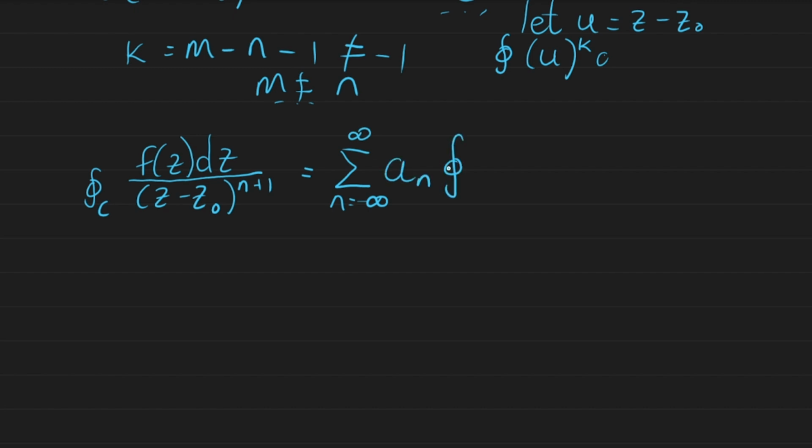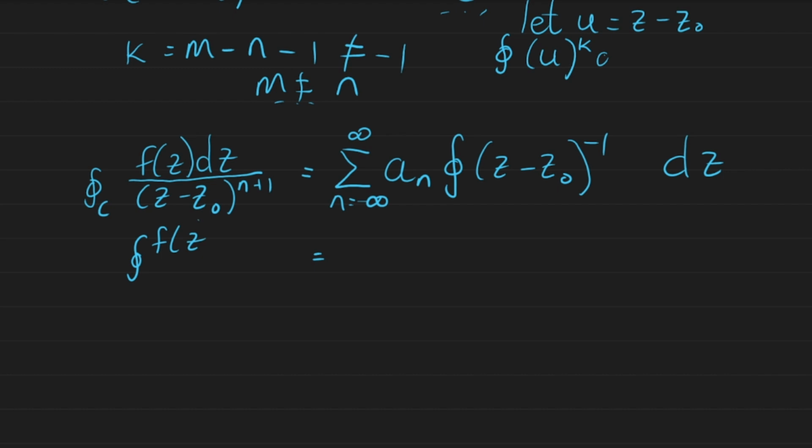Now this integral around this closed path of (z minus z naught) to the power m minus n minus 1 dz, we saw that m minus n is the same, so this becomes minus 1. So let's write the left-hand side first.